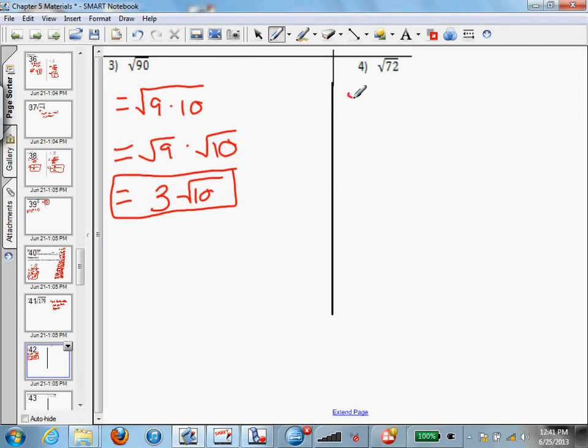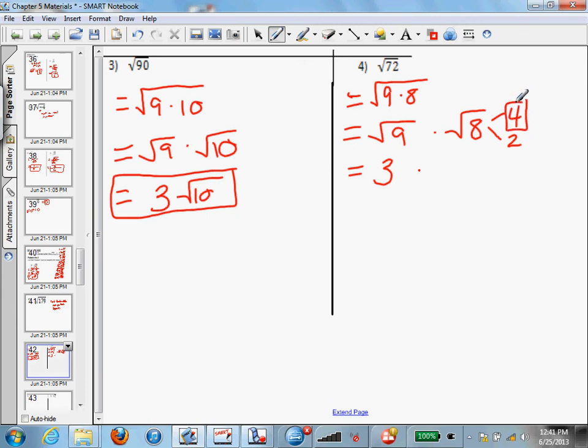With number 4, think of 72 as the product of 9 and 8. And separate these farther. The square root of 9 is 3 times, and what happens here? Well, 4 and 2 can break into 8. So 4 was on that magic list of perfect squares.